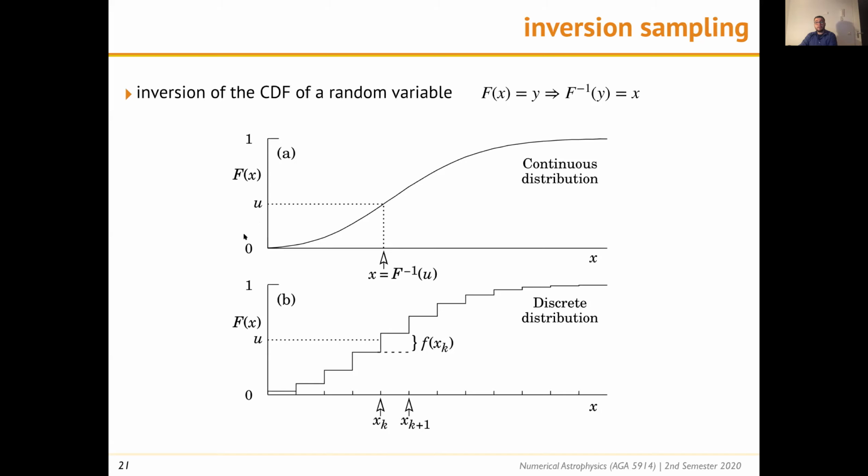So the computer gives me u, and I get x for this value. As you can see, this is a very intuitive way of doing things. You don't really need to understand anything about Monte Carlo. The discrete distribution case follows likewise.